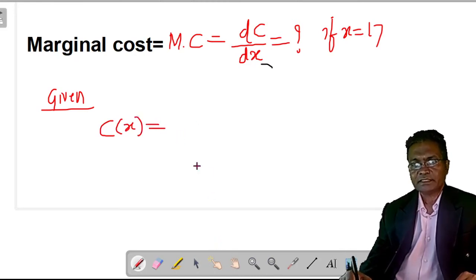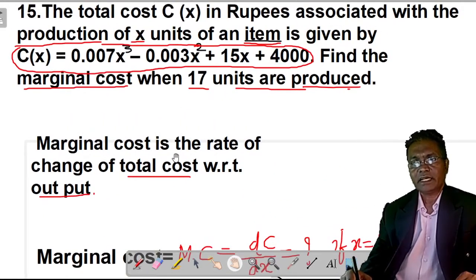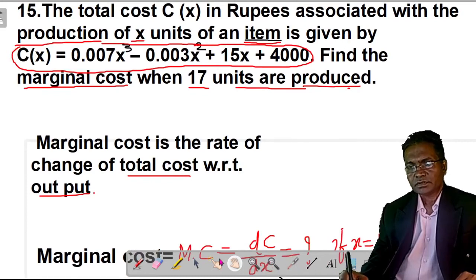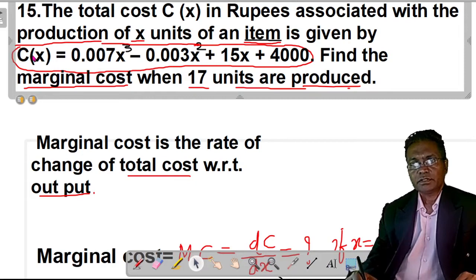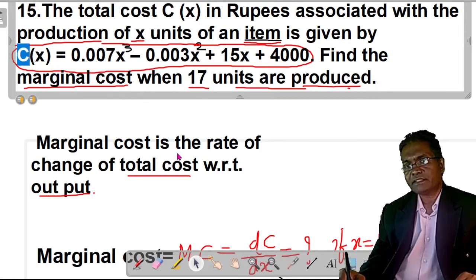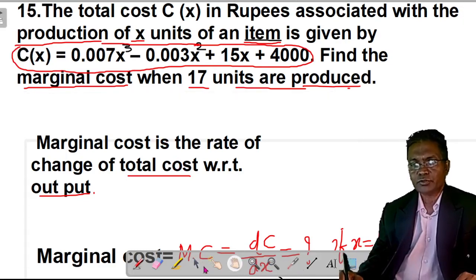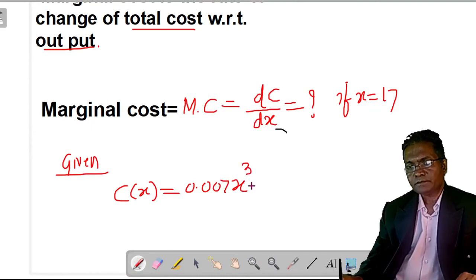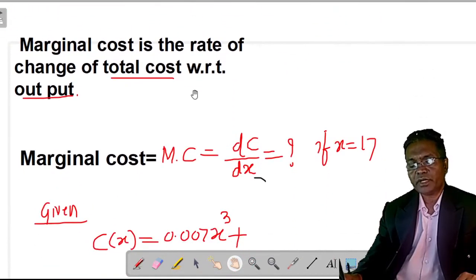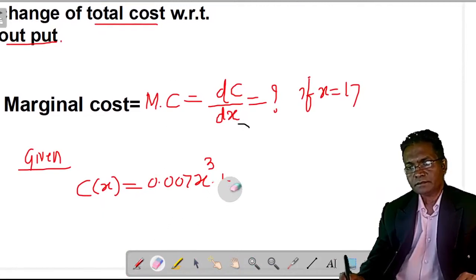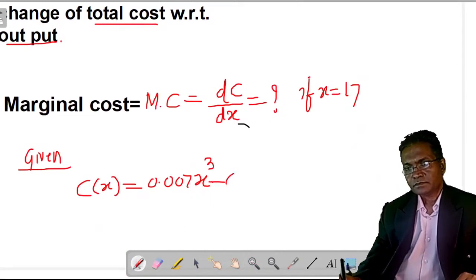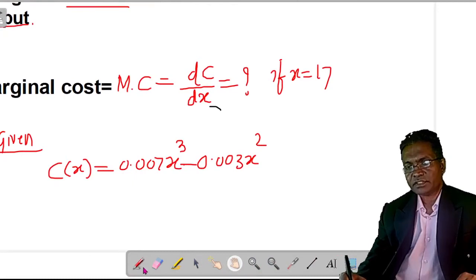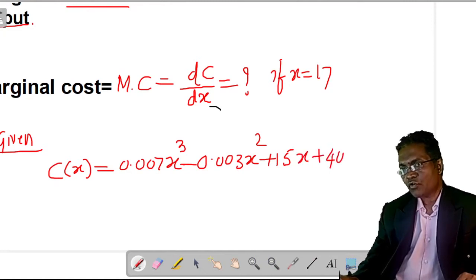C of x is 0.007 x cube minus 0.003 x square plus 15x plus 4000.